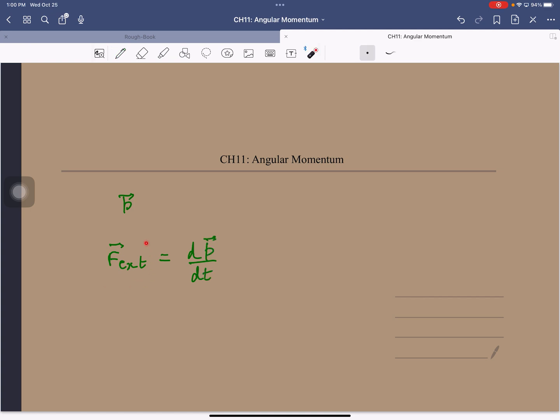The net force acting on a system was equal to the rate of change of linear momentum of the system. The parallel of linear momentum for rotational motion is angular momentum, and that's what we'll introduce. And you will see Newton's second law is: net torque acting on a system is equal to the rate of change of angular momentum.